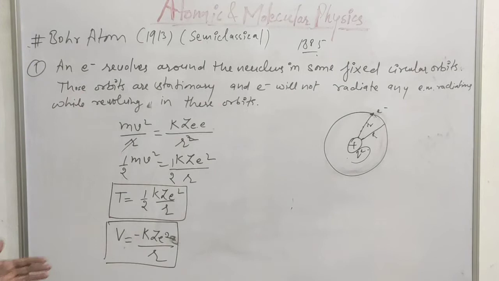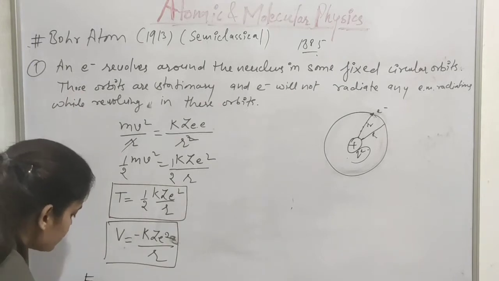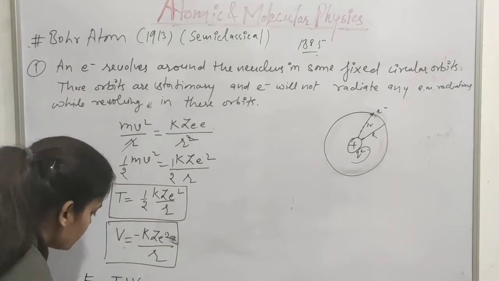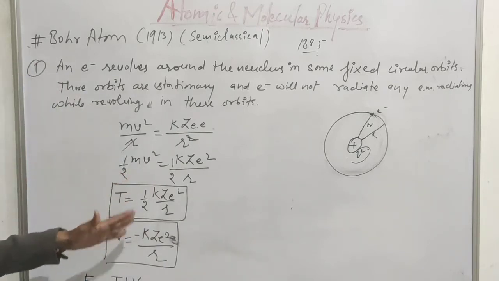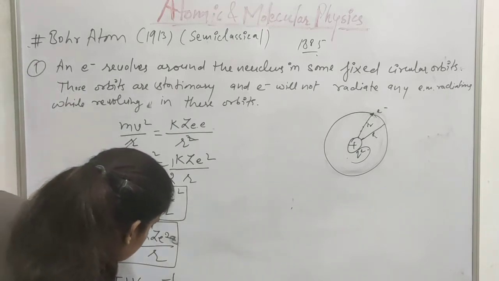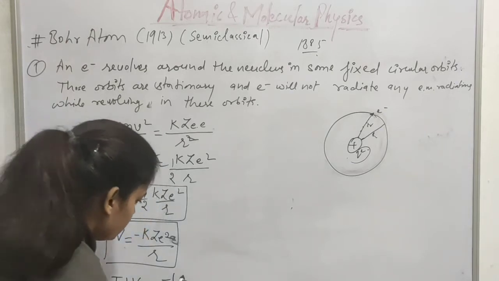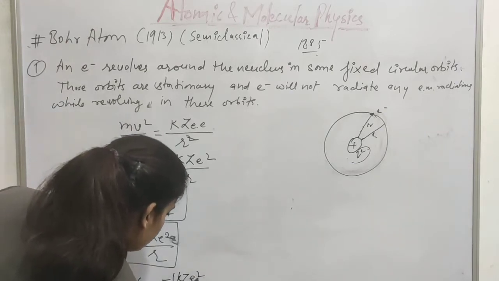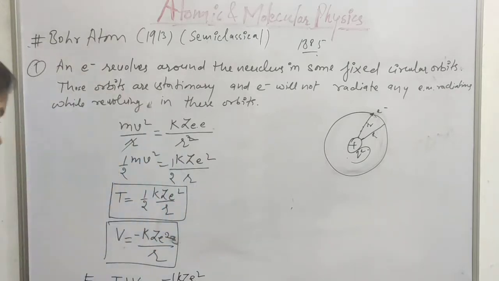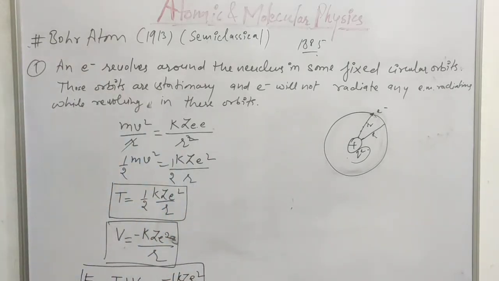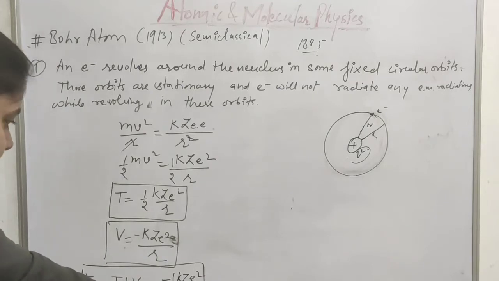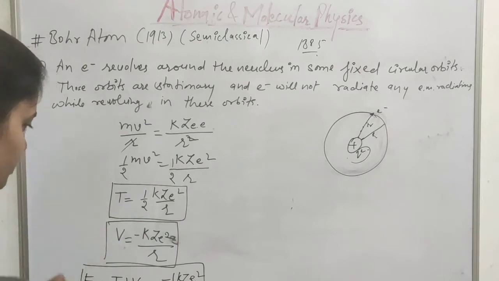If you find the total energy, that is the sum of its kinetic energy and its potential energy, you can easily solve this equation. The total energy comes out to be minus half kZe square by r. So this is the total energy of the electron. You can relate this expression with the kinetic energy and the potential energy.